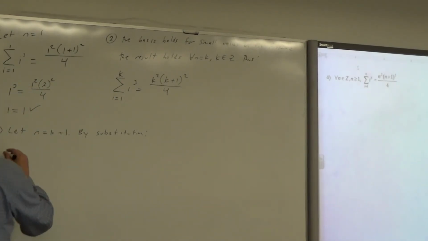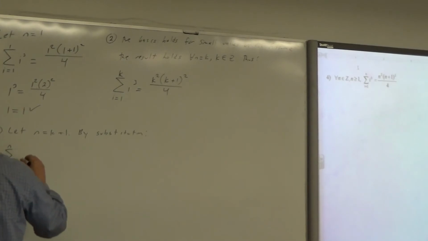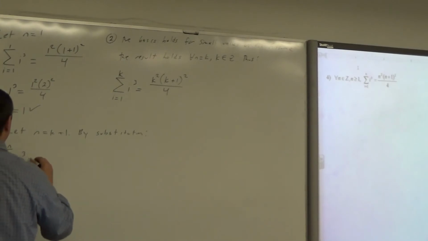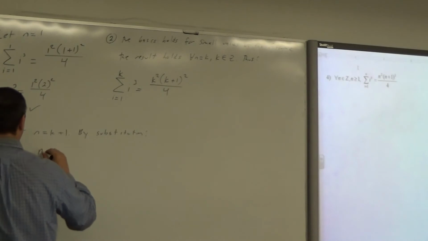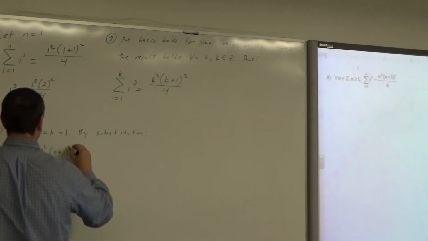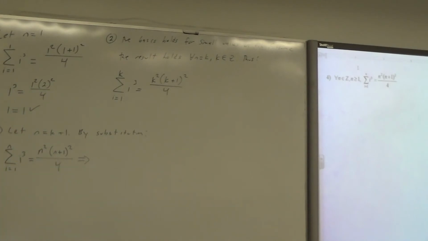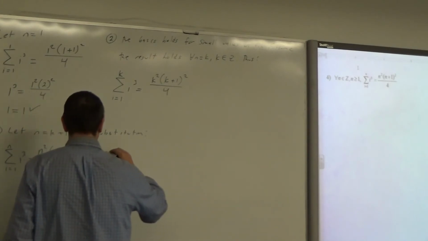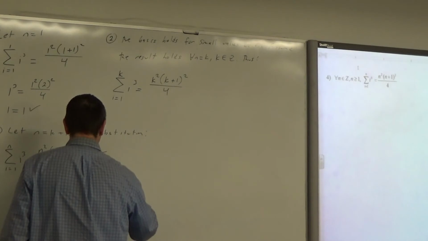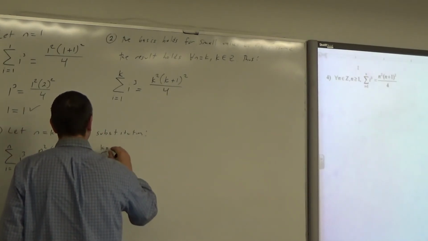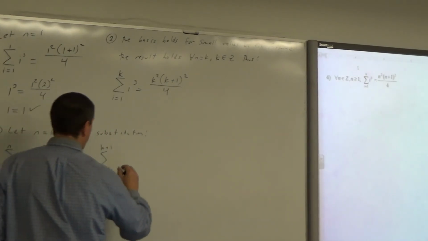The original series that we had, the sum from i equals 1 to n of i cubed, which was equal to n squared, n plus 1 squared, divided by 4, is now going to become the series i equals 1 to k plus 1 of i cubed.